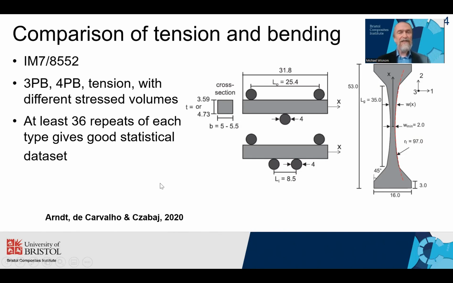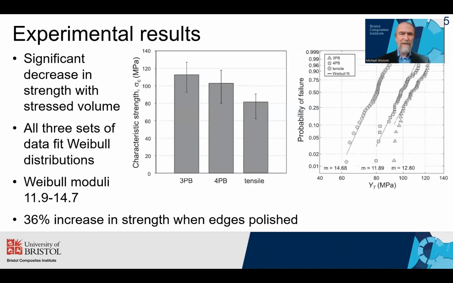They generated a really good statistical data set because they had at least 36 repeats of each of those tests. And what you see is a significant decrease in strength as the volume increases. The 3-point bend shows the highest results, and then they progressively decrease for the 4-point bend with a bigger volume and the transverse tension with an even bigger volume.